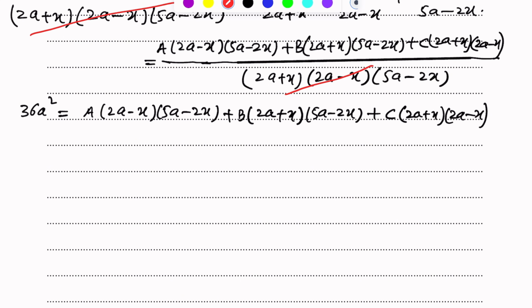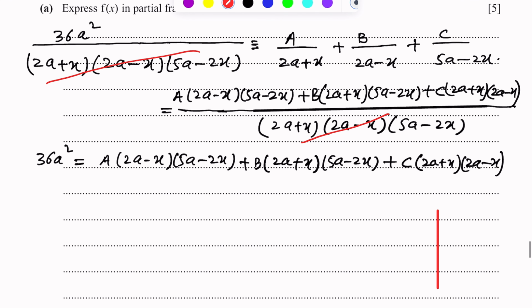To find the values of A, B, C we will put each factor equal to 0. First of all, we put 2a plus x is equal to 0. From here, x is equal to minus 2a. We are putting x is equal to minus 2a in this equation.